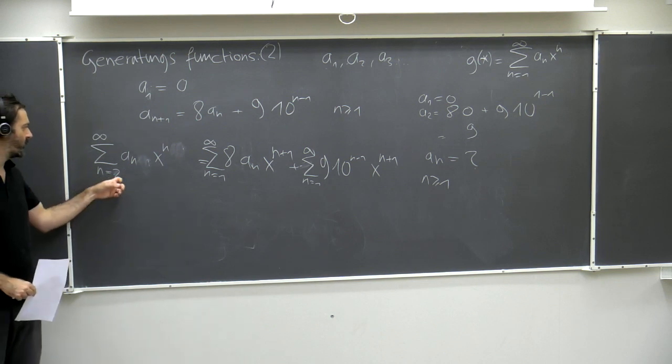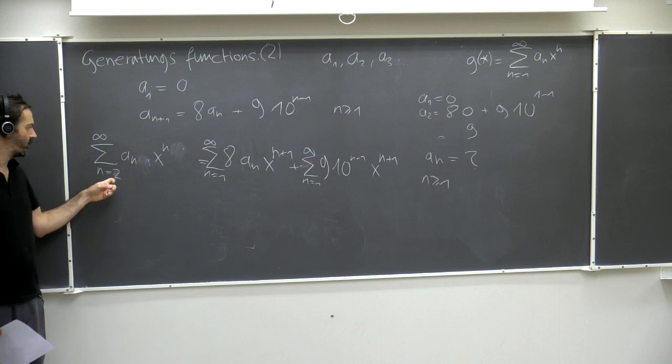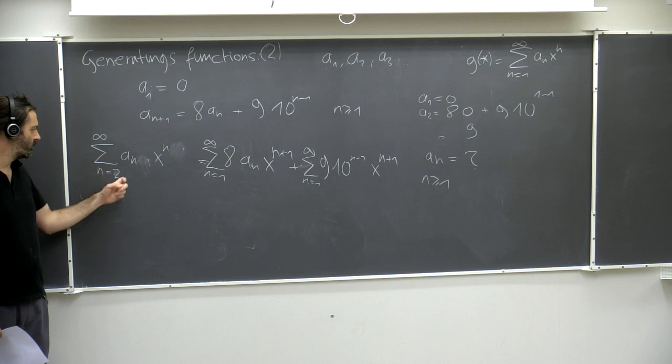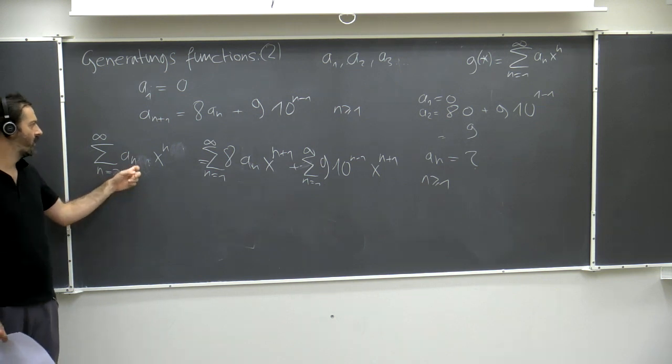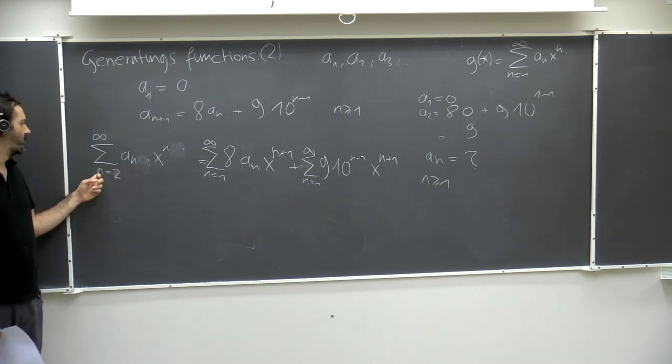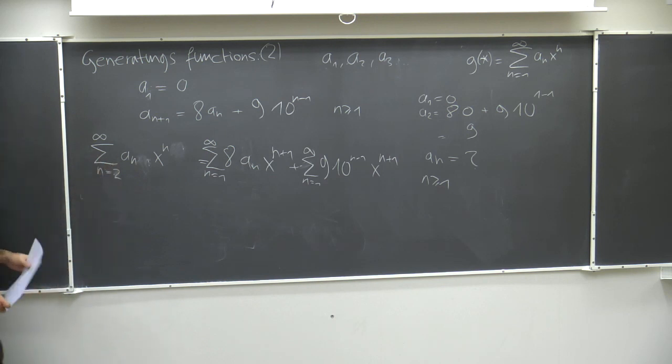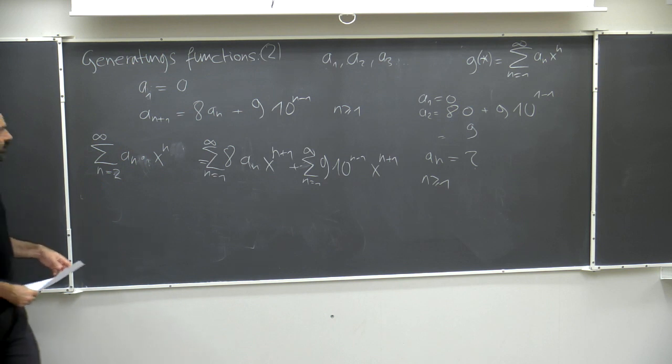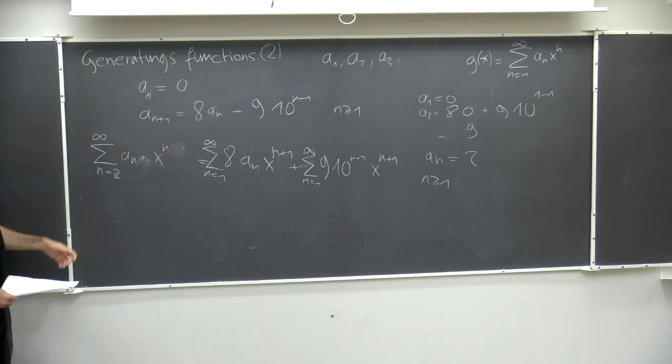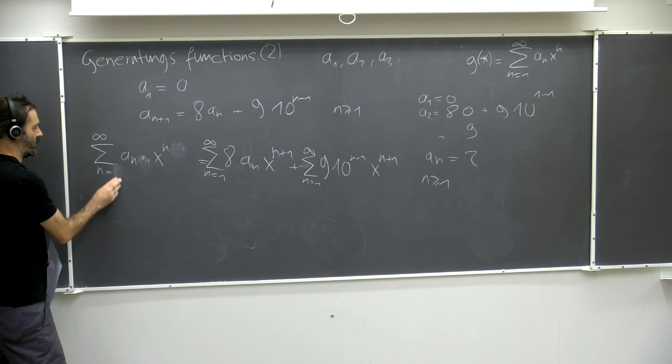If you're doing these manipulations, it's always good to check with which term the sum starts. So now n is equal to 2 and it starts at 2. And before it was also starting at 2. So that's a consistency you can check. And if we want to have our g, then we can replace the starting point n is equal to 2 of the sum by 1.